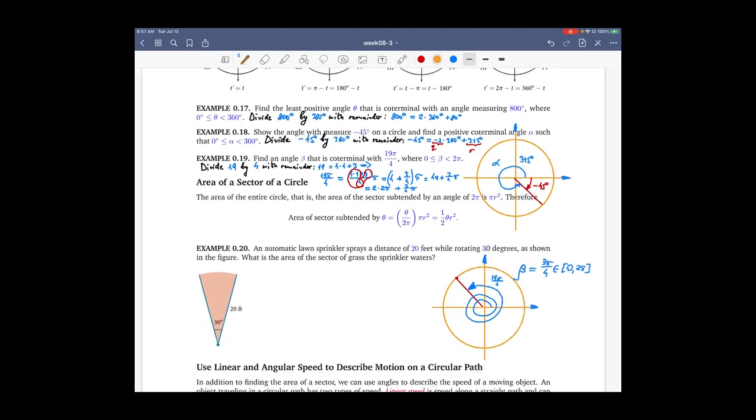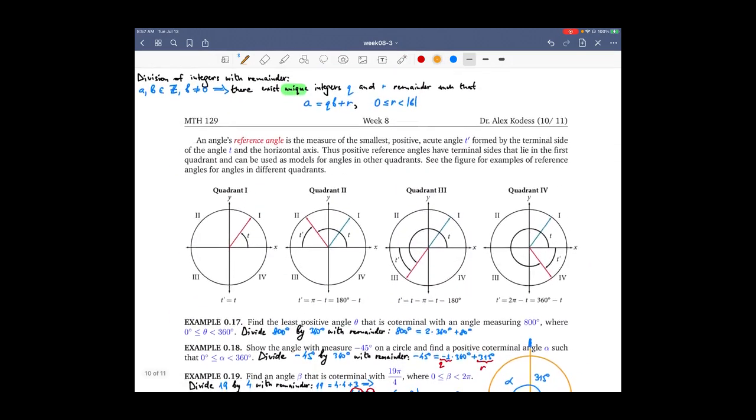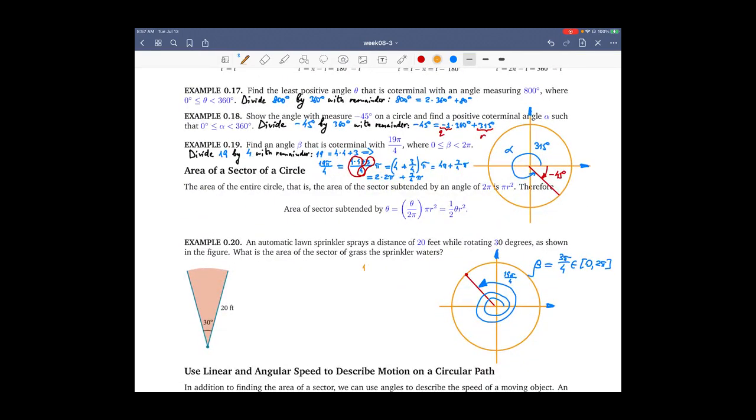If we divide 19 pi over 4 by 2 pi, so we have 19 pi over 4 over 2 pi, pi's cancel, we get 19 over 8, that is, oh, maybe I shouldn't do this.